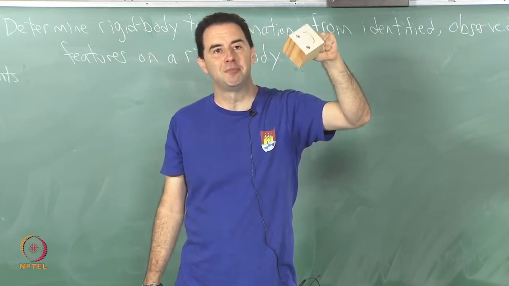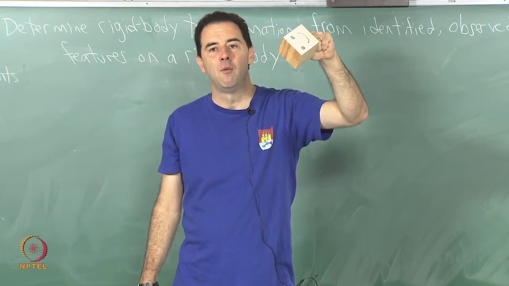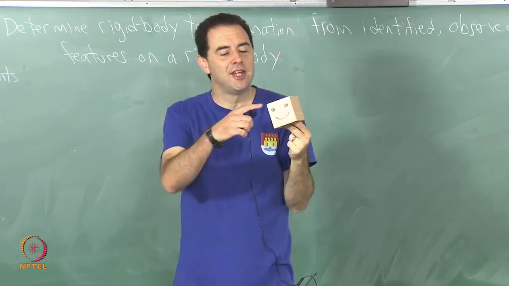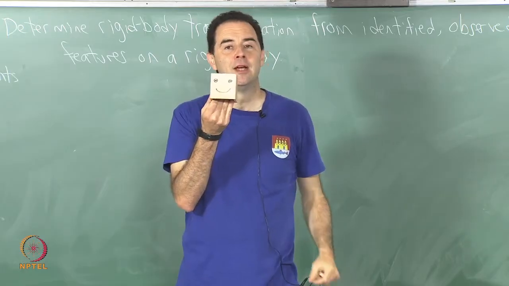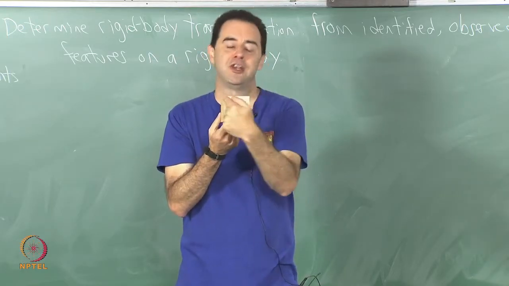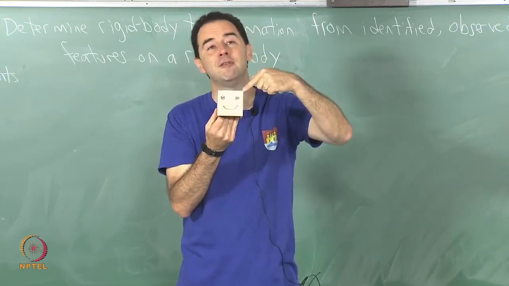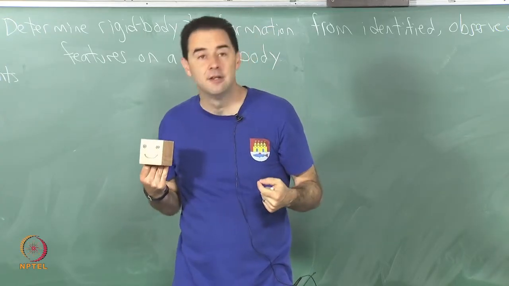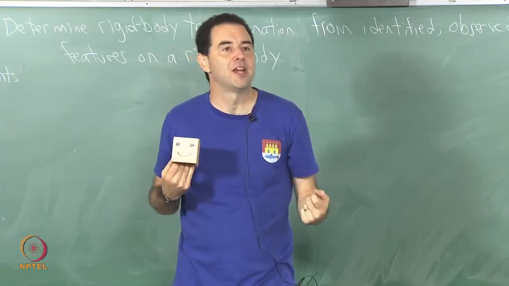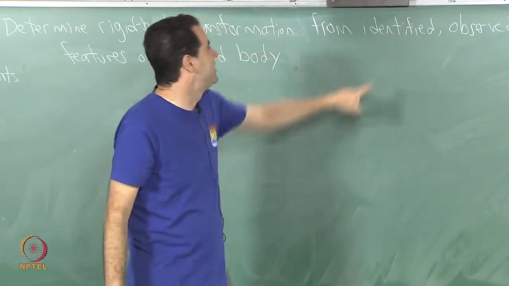I want to figure out what its position and orientation is. What's given to me is exactly each one of the LEDs. I know the coordinates of the LEDs in the body frame, and I also have labels for them. This is LED number 1 maybe on this corner, there's LED number 2 on this corner, and so forth. I have labels on all of them, and when I see them in the image, I can recover the labels. That's what identified means.